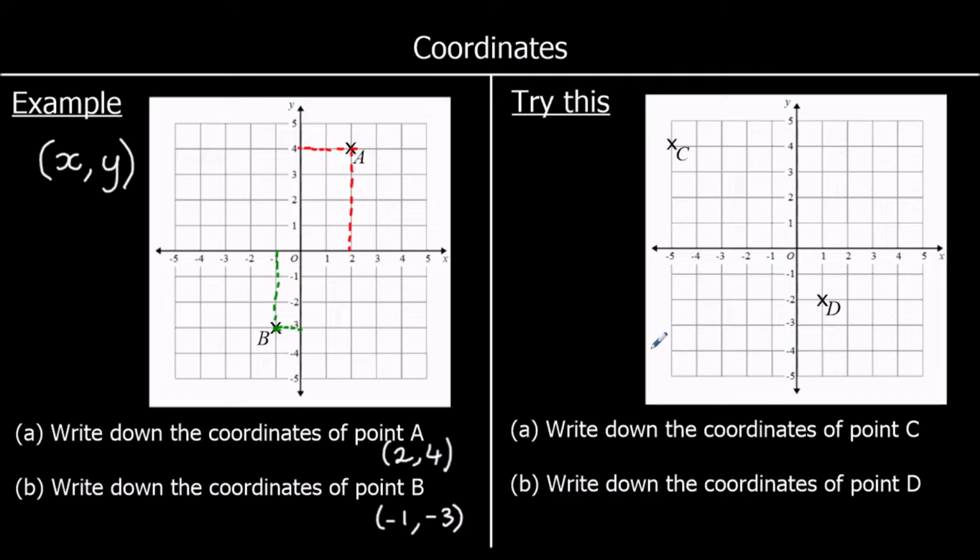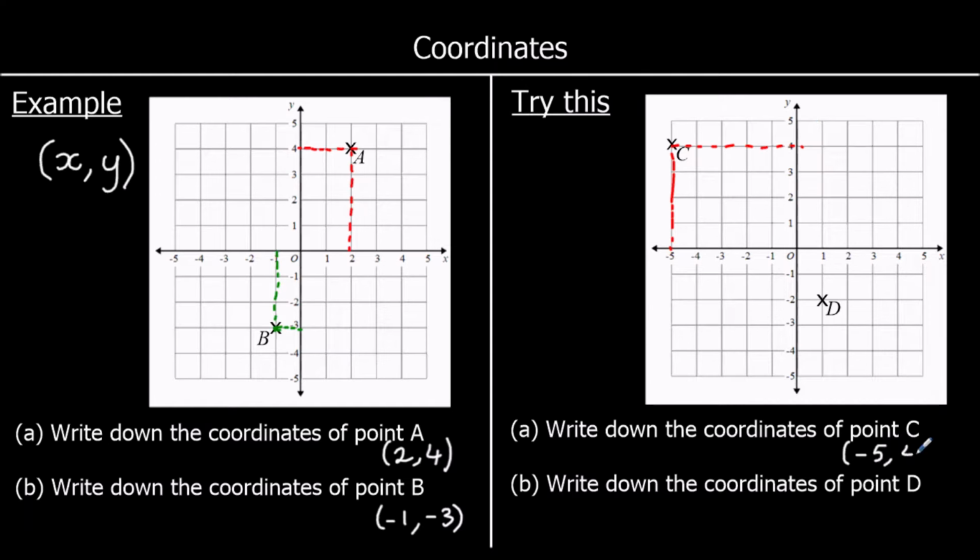Okay, 2 for you to try. Write down the coordinates of point C and write down the coordinates of point D. Okay, point C. So we're going to do x first, and it's -5. So its x coordinate is -5, comma, and then we write down the y coordinate, which is 4.